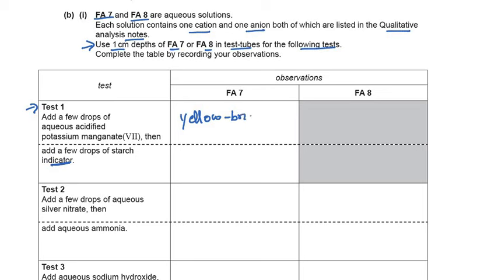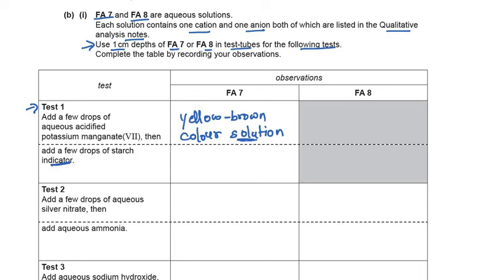I'm not writing just the color; I'll write yellow-brown color solution, because I didn't get a yellow-brown precipitate. It was a clear solution. There were no precipitates, no solid particles.